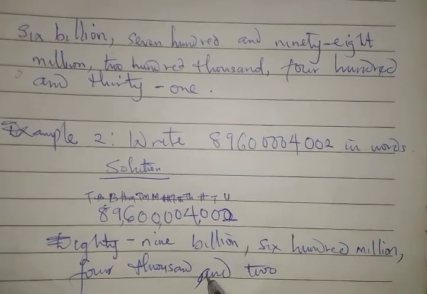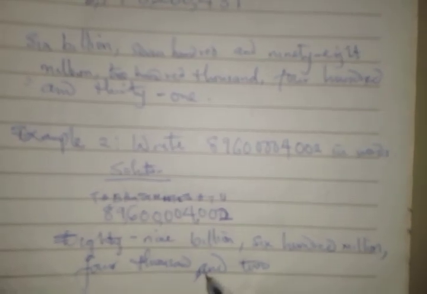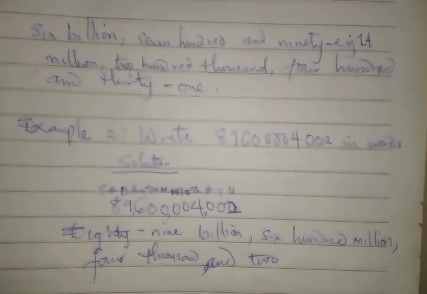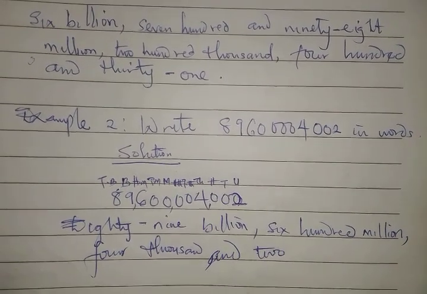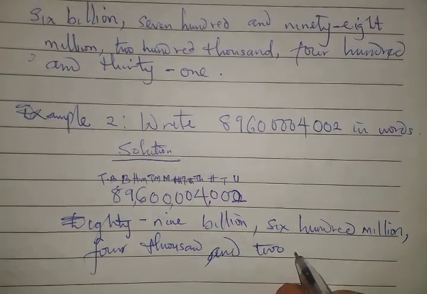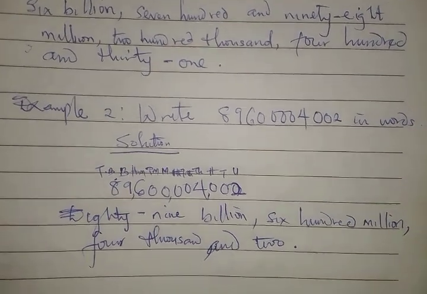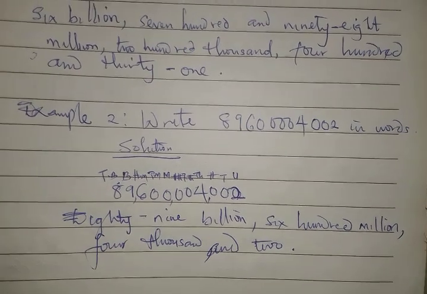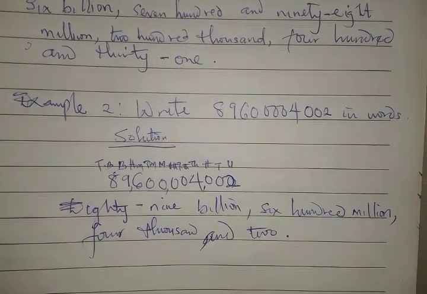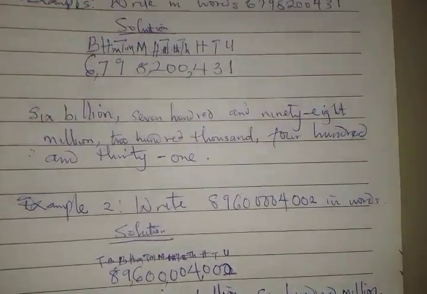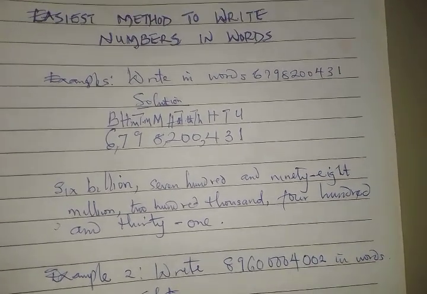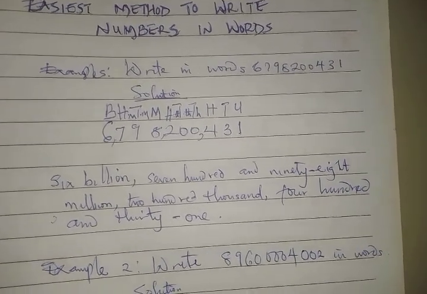So you're going to change that comma to what? And. So you have 4,002. And that will be the last one. Is that clear? So now I believe you can change numbers to words following the easiest method to writing in words.